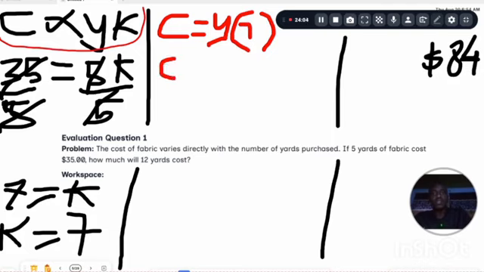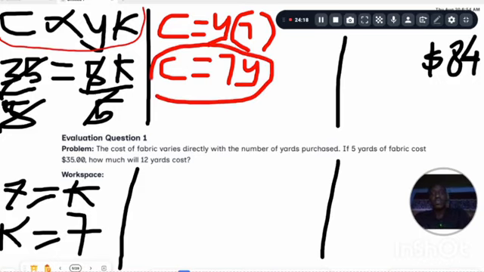That's C equals 7Y. You know, we can't have Y7, so 7Y. So I've described the relationship with an equation, C equals 7Y. I'll be using this equation to solve my question now.